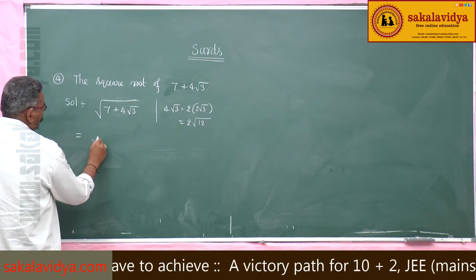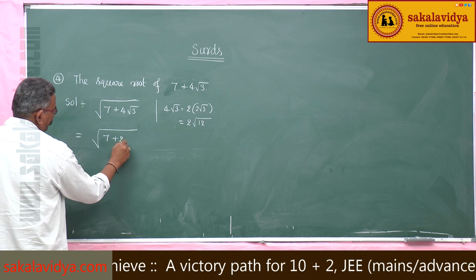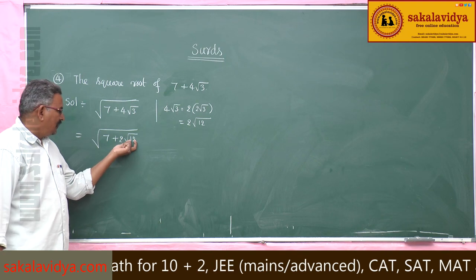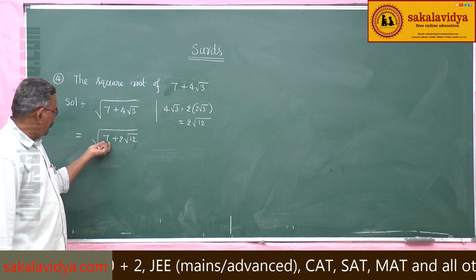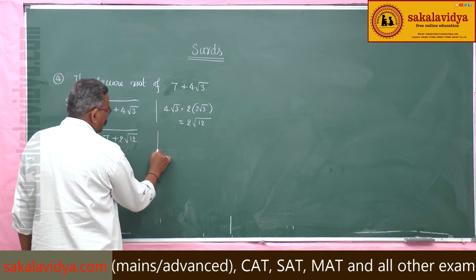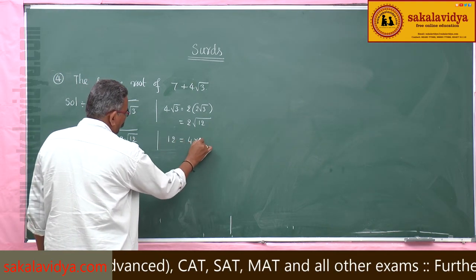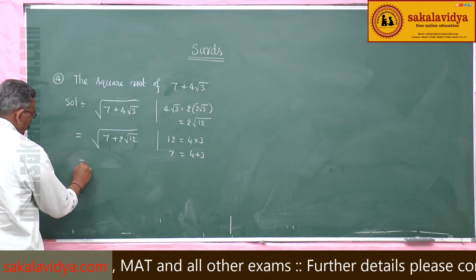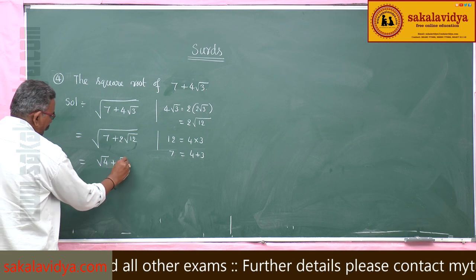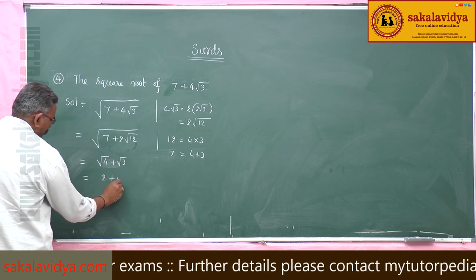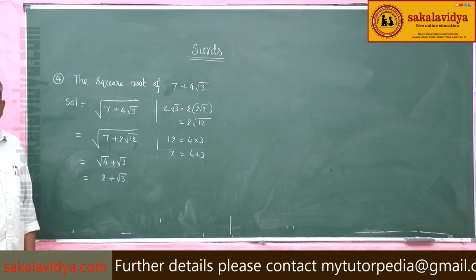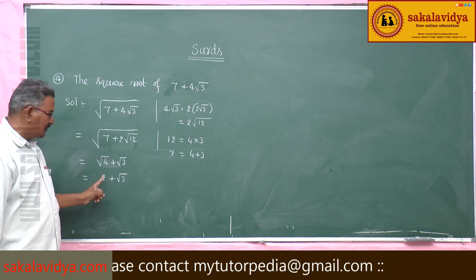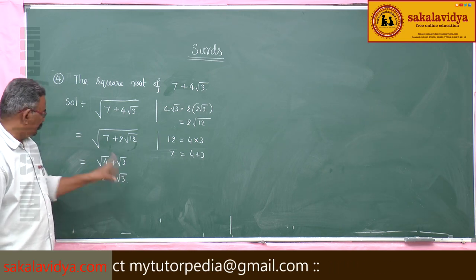So, we can write the square root of 7 plus 2 root 12. Now, here 12 is the product of the two numbers and 7 is the sum of the two numbers. 12 can be written as 4 into 3, whereas 4 plus 3 is equal to 7. So, the answer will be root 4 plus root 3, which is equal to 2 plus root 3. Similarly, could you imagine what is the square root of 7 minus 4 root 3? That becomes 2 minus root 3.